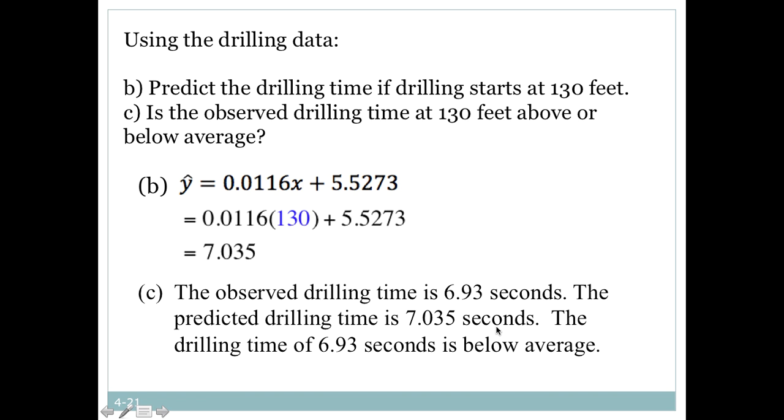Our predictions are normally not going to be right on the nose, but typically they're going to be pretty good. So in this case, we can say that the drilling time of 6.93 is actually a little below average. We would expect it to take a little longer. And I apologize, when I said seconds there, I should have said minutes, and these should all say minutes right here.